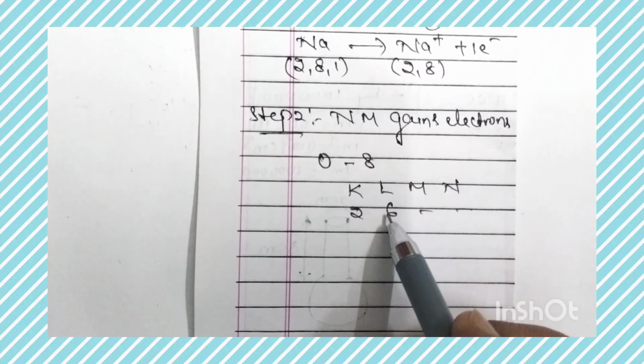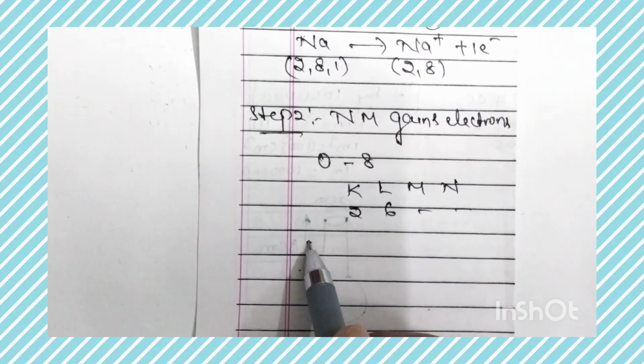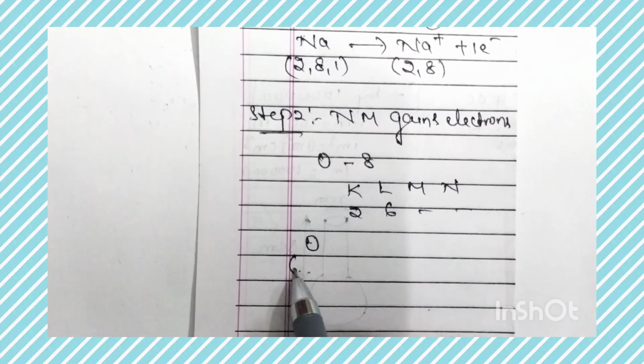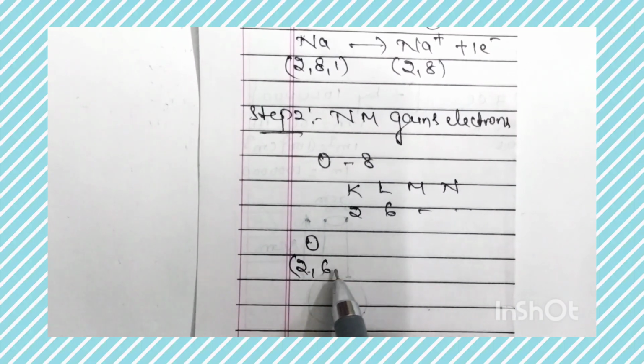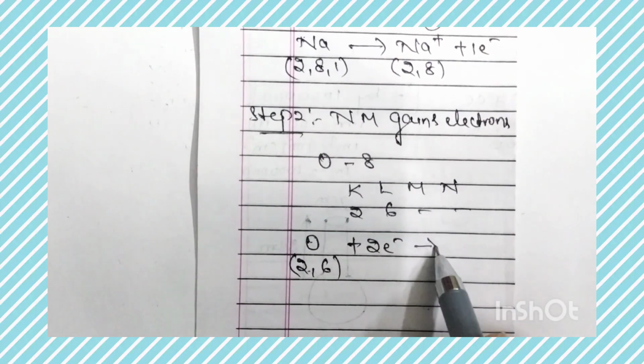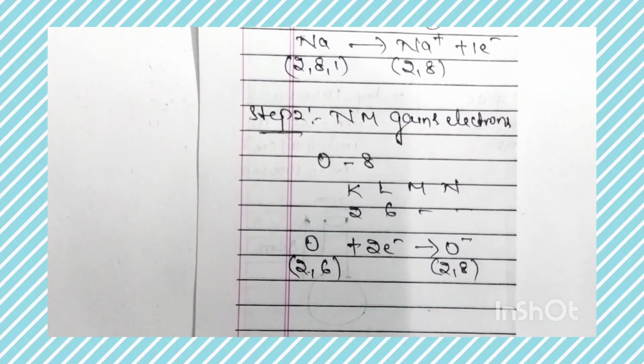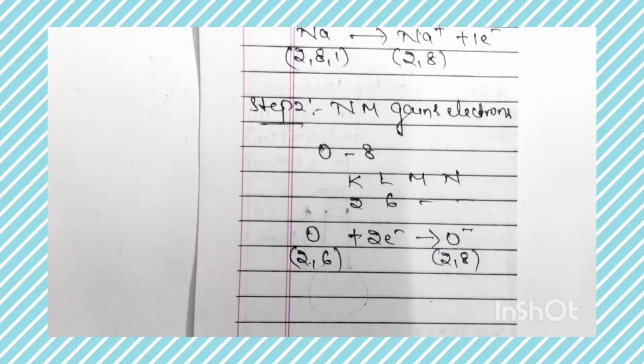To complete the L shell, it requires 2 more electrons. By gaining 2 electrons, the oxygen atom will become oxide. Oxygen 2, 6, by gaining 2 electrons, will become O 2 minus, that is 2, 8. So non-metal gains electrons.